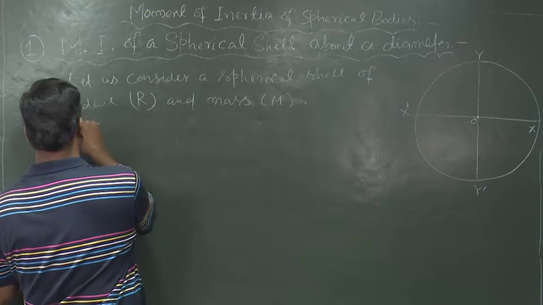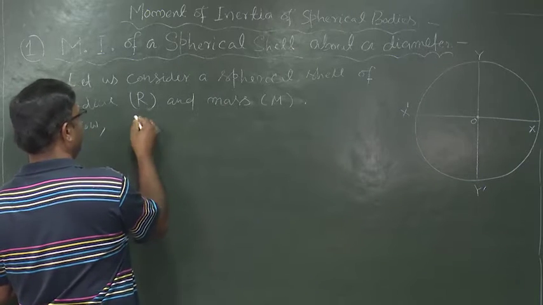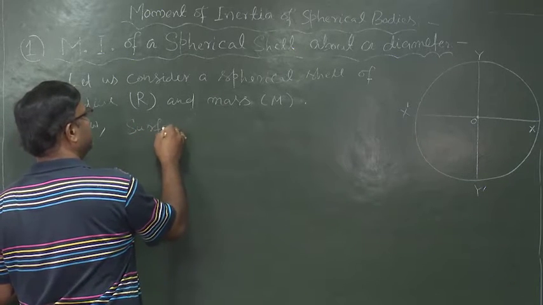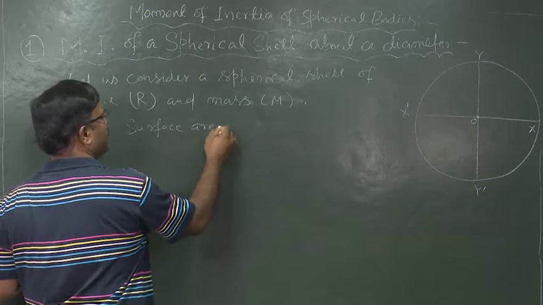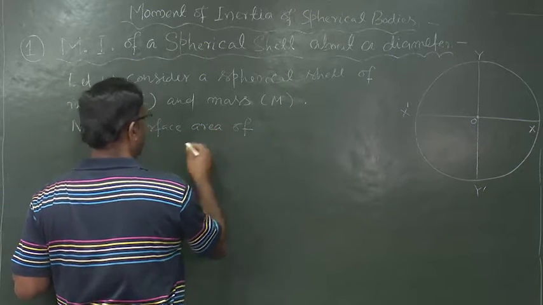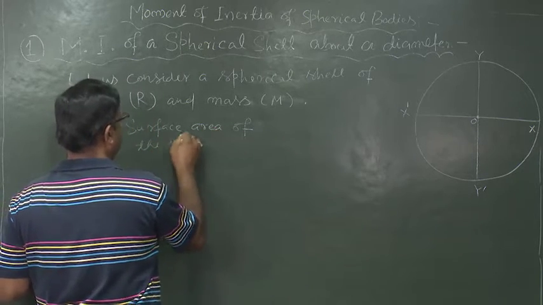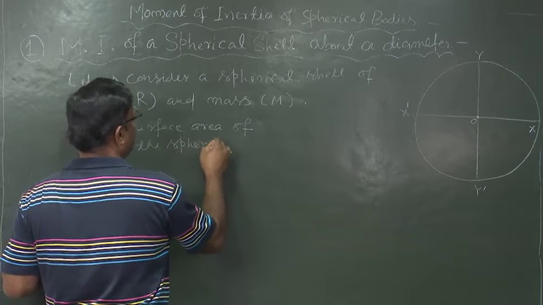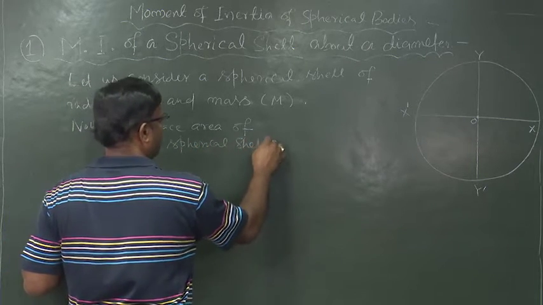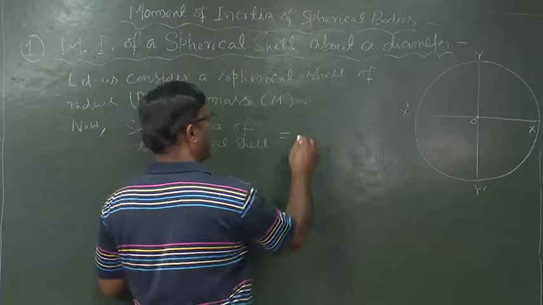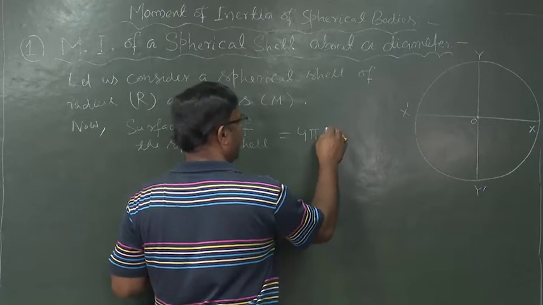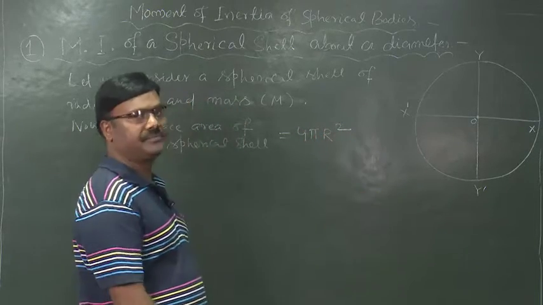Now, surface area of the spherical shell is equal to 4 pi r square.